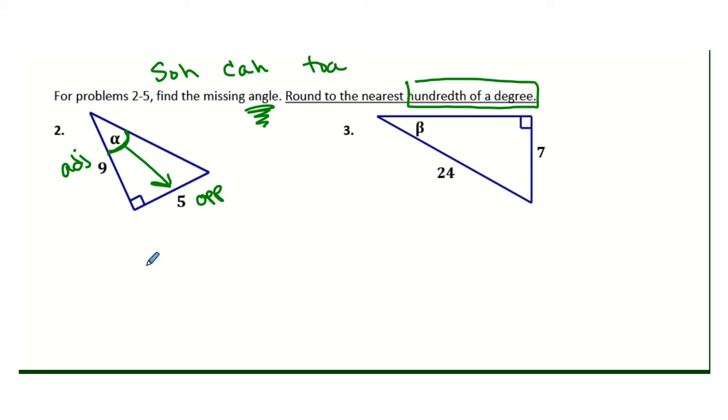Well, tangent. So I'm going to have the tangent of alpha, that's a weird looking alpha, is equal to 5 over 9. Well, to find alpha, I have to do the inverse. So the inverse of tangent of 5/9 will give me the angle for alpha.